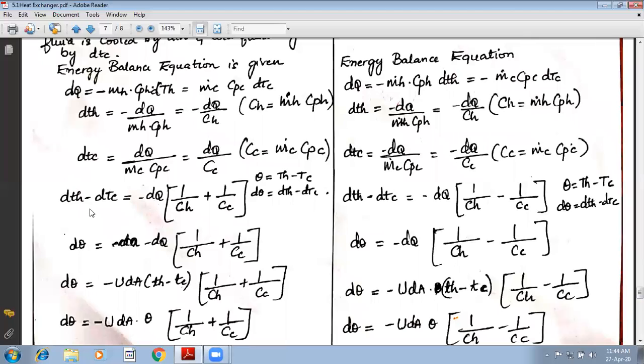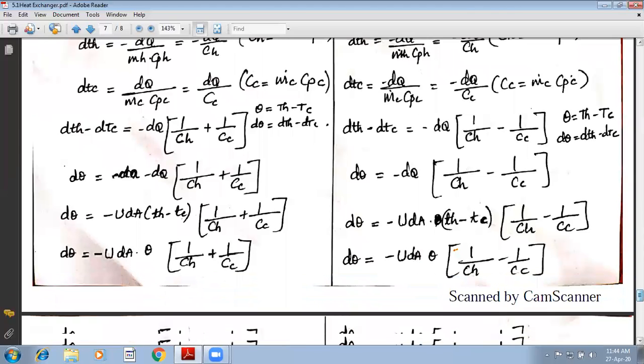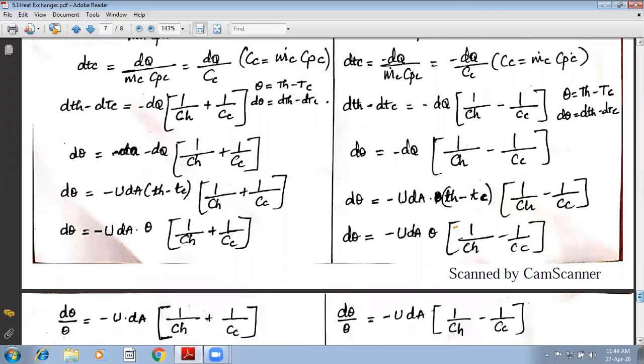Now here, this is nothing but d theta. I can consider this as d theta is equal to minus dq into 1 upon ch plus 1 upon cc. Now we need to substitute the value of 1 upon ch and 1 upon cc in the subsequent steps.